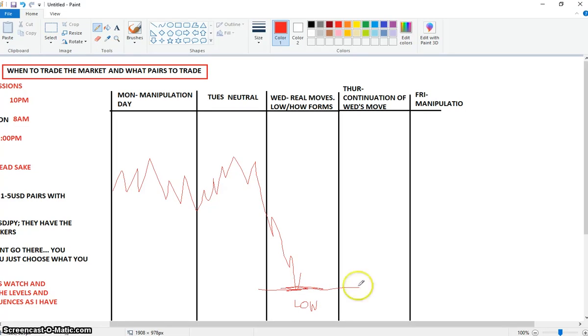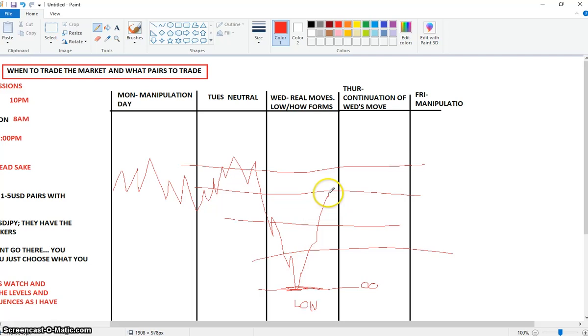Very important: you must always work with your levels. Sorry, my drawing is bad. Remember levels. So if this is a 0 level and you see it on Wednesday, you just know that the market will move to the next 0 level.